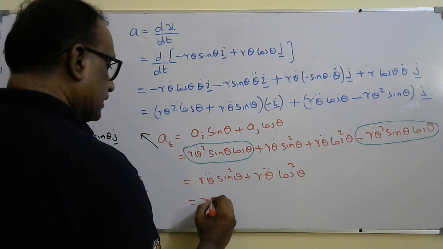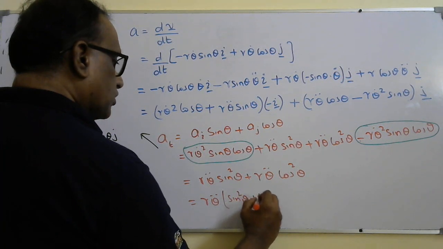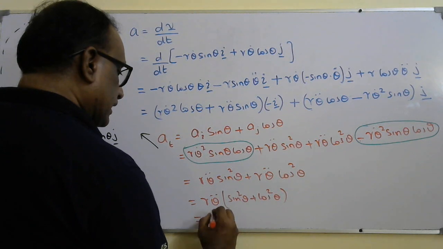So it's r theta double dot times sin squared theta plus cos squared theta, which is 1. So r theta double dot.